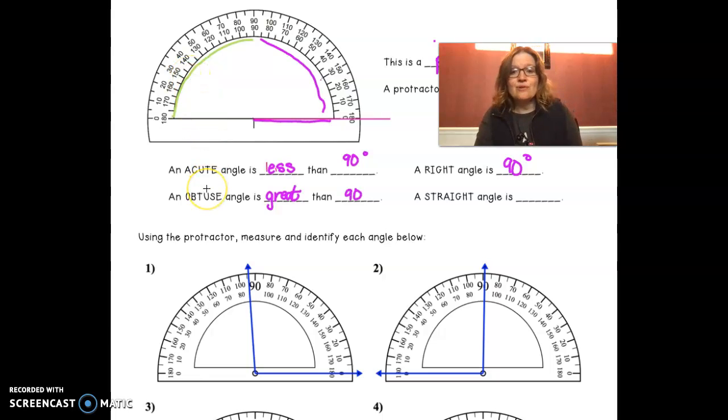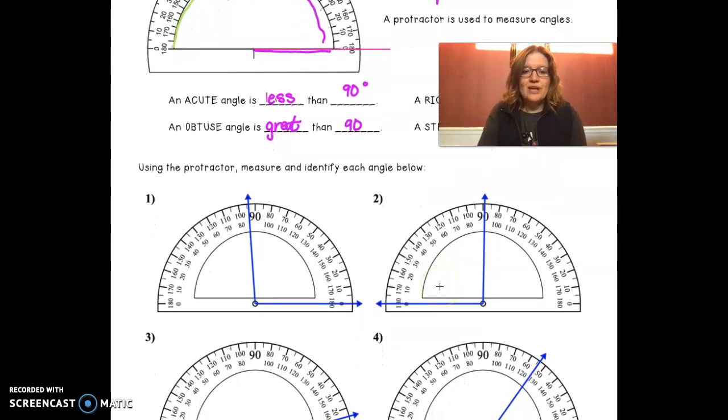Now, a straight angle we know is 180 degrees. Now, using a protractor, we can identify the angle in each. So at this moment, we have 90, we have an angle that's a little more than 90, not quite 95.